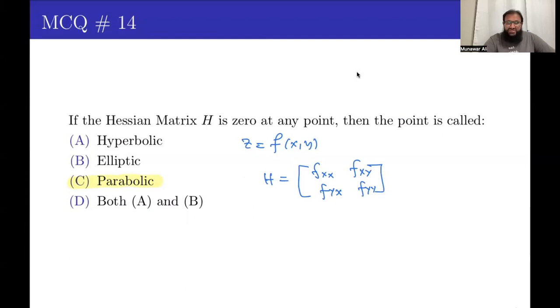This is something that I don't have a clear idea how to discuss. But if you have any idea, any reference, any book or any page in the book, you can put it in the comments so that I can have a look and we can discuss this MCQ in a shorter video once I'm done with all the MCQs.